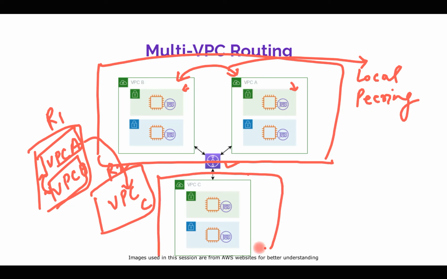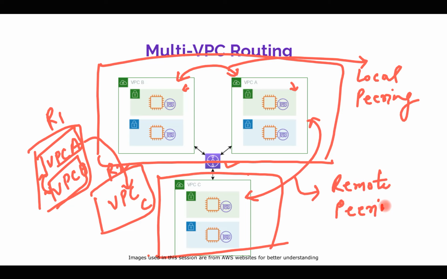But when we have a connection between VPCs in different regions, for example these two, it is known as remote peering, or remote peering connection. So this is how we need to understand how routing works, what kind of gateway is required, and what terms we use when discussing all these things.